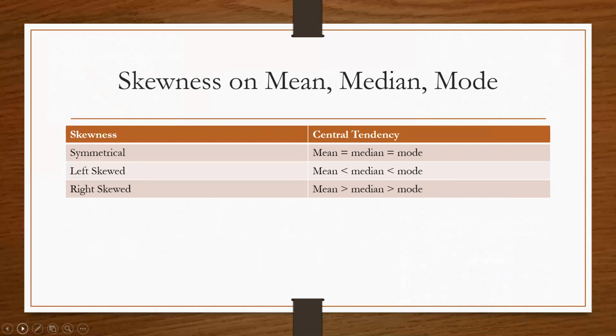I'm sorry, for left skewed, you're going to have all those numbers on the left side that don't occur very frequently, but they just mess all your data up. And then for right skewed, you're going to have the mean larger than the median, which is larger than the mode, because you're going to have those numbers over on the right side that really just mess everything up.